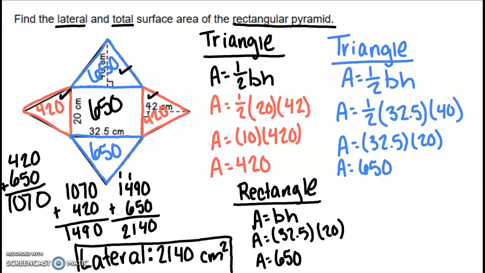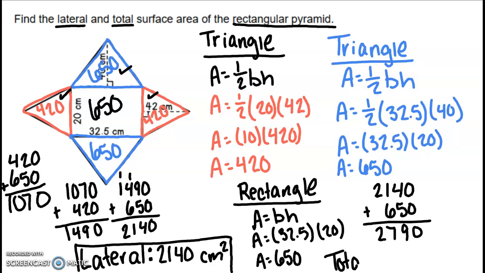So now I can find my total area by taking the lateral surface area and adding the area of the base. So I'm going to do 2,140 plus 650 to get 2,790. So the total surface area is 2,790 centimeters squared.